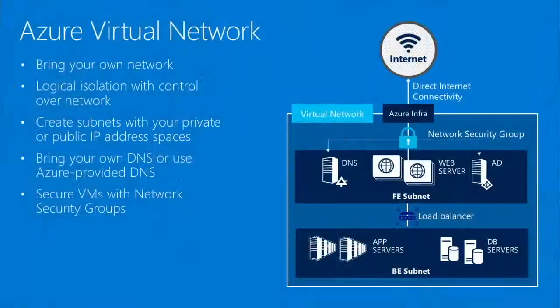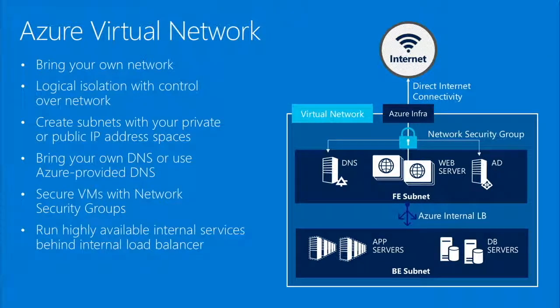What you have as web firewalls in your on-premises, the same functionality can be achieved through mechanisms like network security groups, where you can define network security policies and you can apply that to different subnets. Hardware load balancers can actually be replaced by Azure's internal load balancer, which provides high availability for your services.